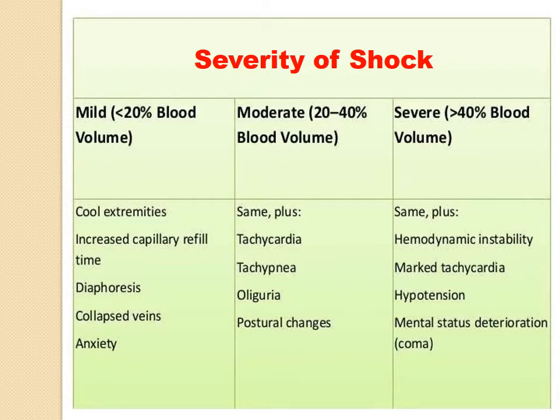It decides the severity of the shock, and the severity of the shock is further monitored by some features. In case of mild, we will see cool extremities, increased capillary refill time, diaphoresis, collapsed veins, and anxiety. In case of moderate, weak pulse, tachycardia, tachypnea, oliguria, postural changes.